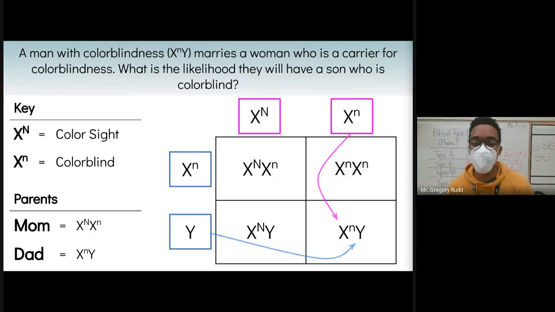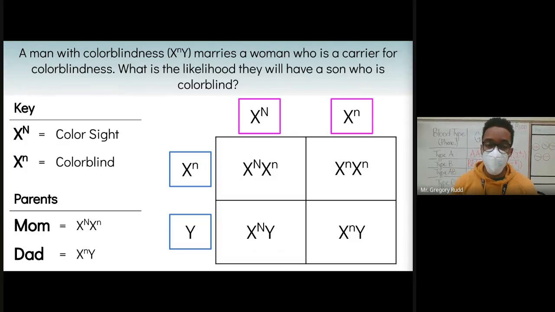Wonderful. We're wondering what is the likelihood that they will have a son, specifically a son who is colorblind, not just a colorblind child, but a colorblind son. So what's the answer here? What percentage are we looking at? Okay. Now I think that's where both of you were thinking.